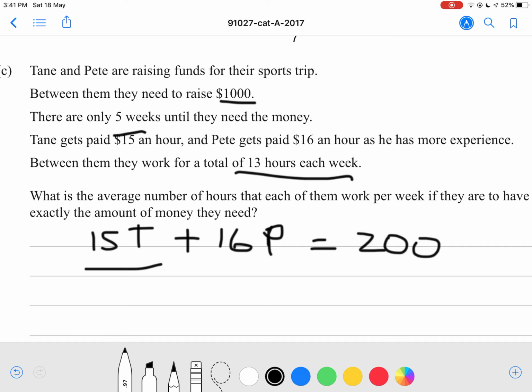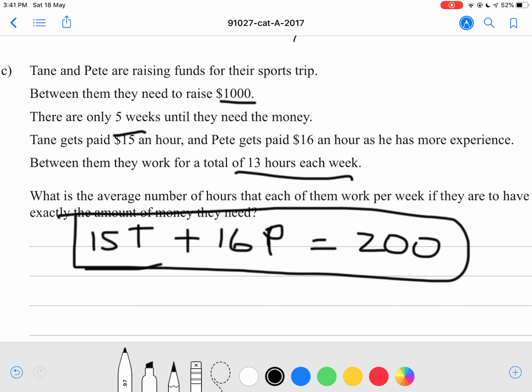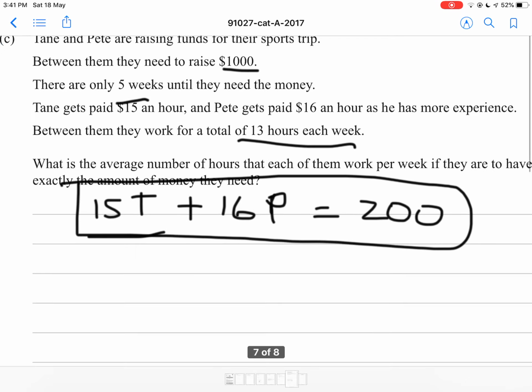Okay, so the reason it's 200, they need to raise $1,000 in 5 weeks, so therefore they only need to raise $200 in 1 week, and this is the equation for 1 week, so each week they need to earn $200, okay.